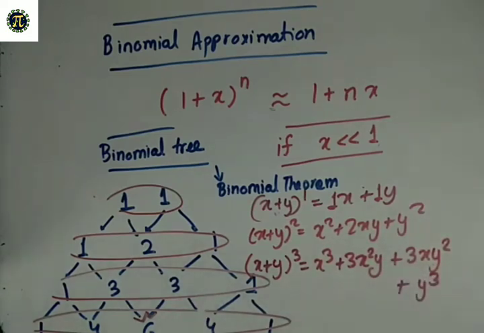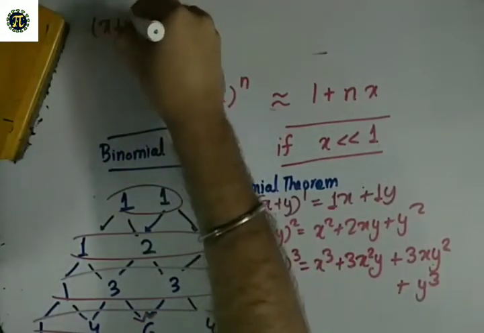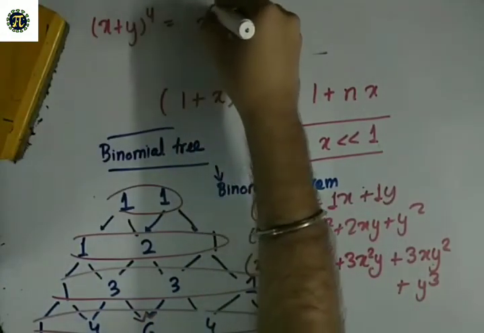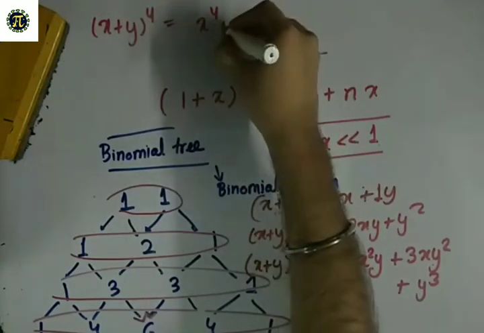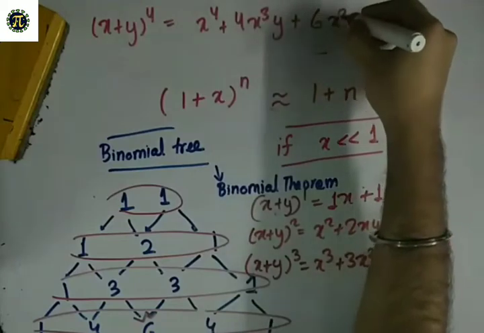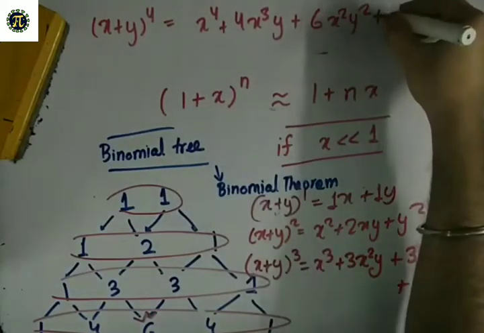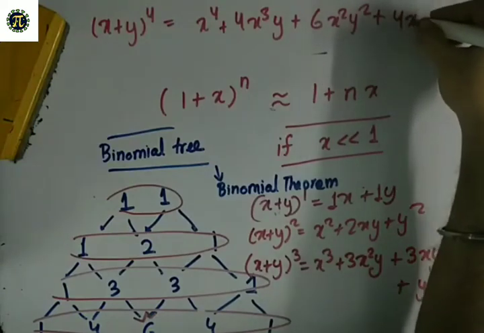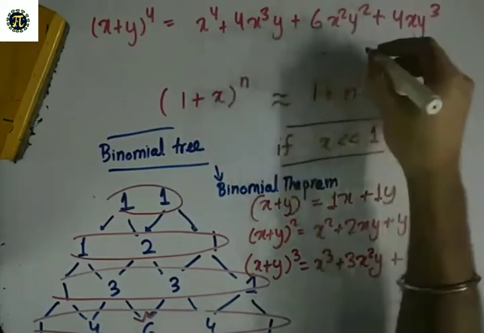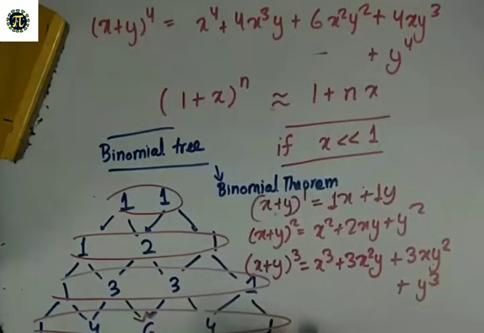And we can also say (x + y) to the power 4, which you might not have seen in 10th, but now it will be 1 times x^4 plus 4 times x^3 y plus 6 times x^2 y^2, just decreasing the power of x and increasing the power of y, and 4 x y^3 plus y^4, because 1 times y^4.